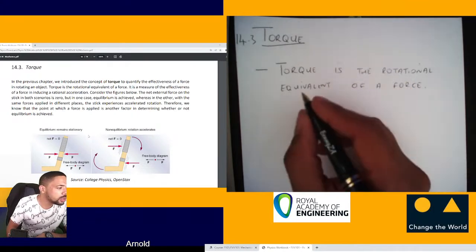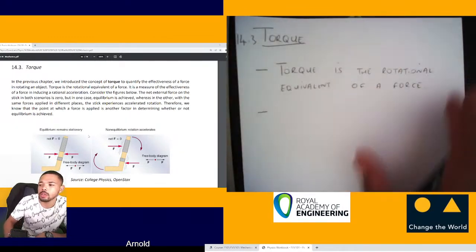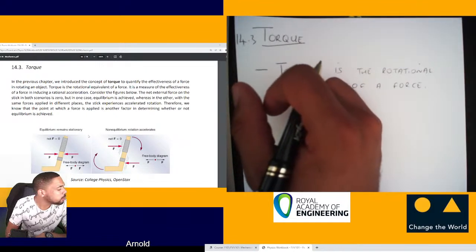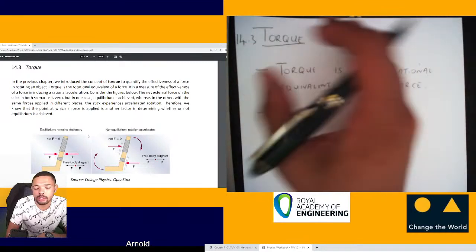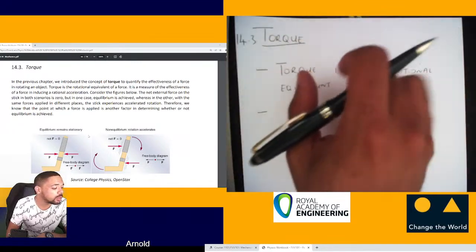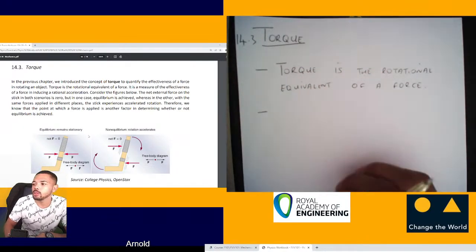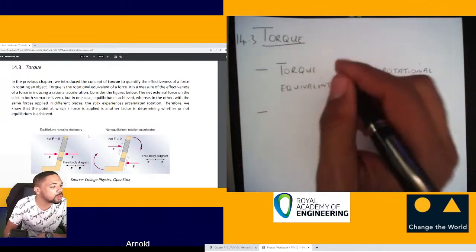So torque is the rotational equivalent of a force. It's a force acting on a curve, in a rotating manner, or causing something to rotate.